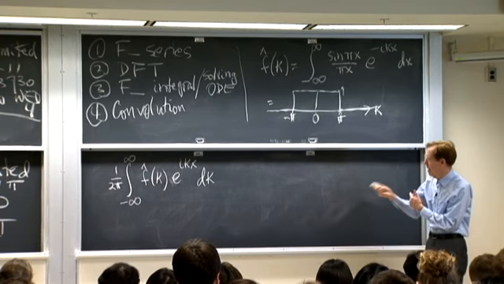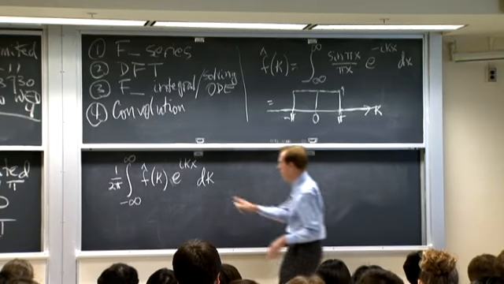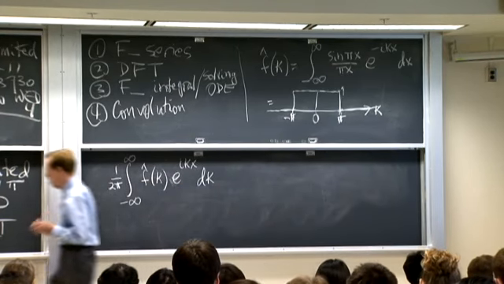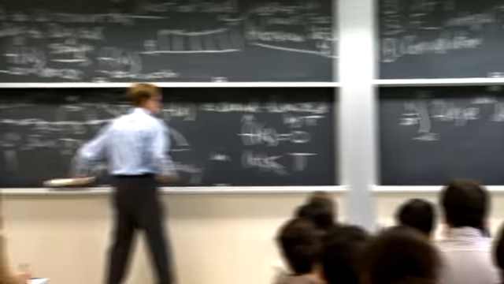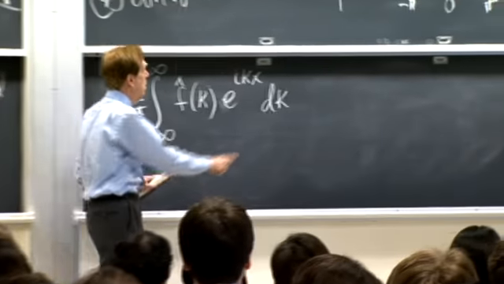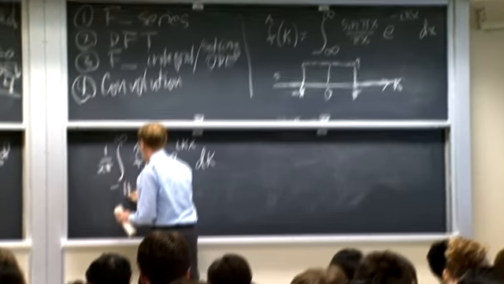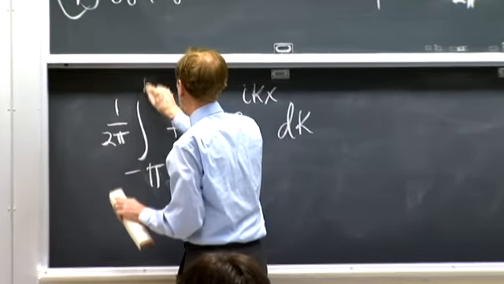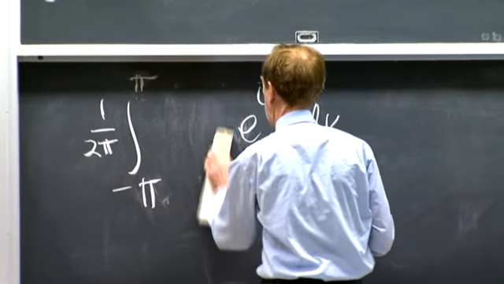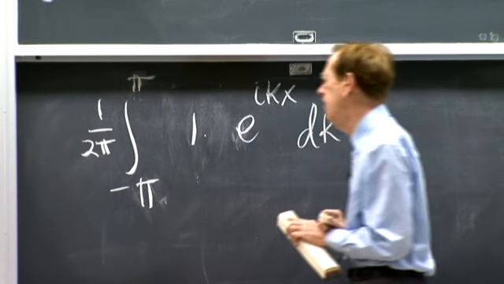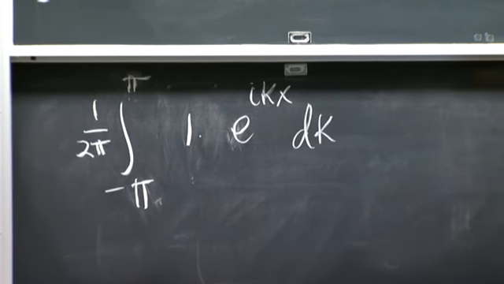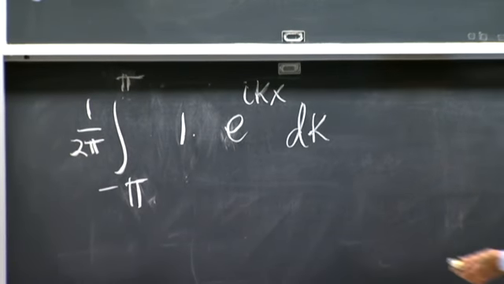So I just plan to do this integral. Now what's the f hat of k? Of course, it's an easy integral now. F hat of k is 1 between minus pi and pi. So I only have to do it over that range where f hat of k is just a 1. That's an integral we can certainly do.